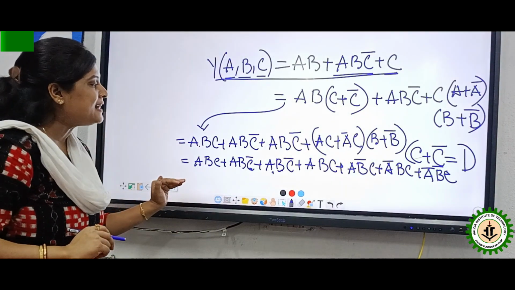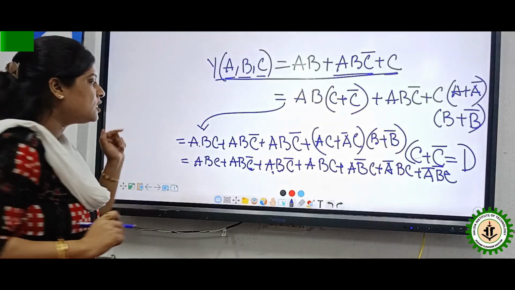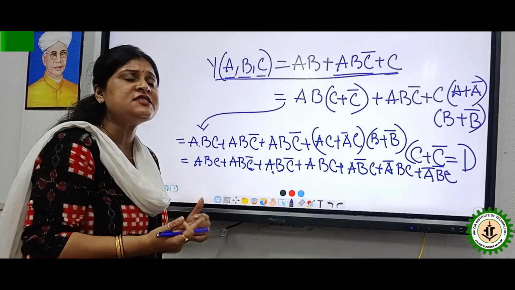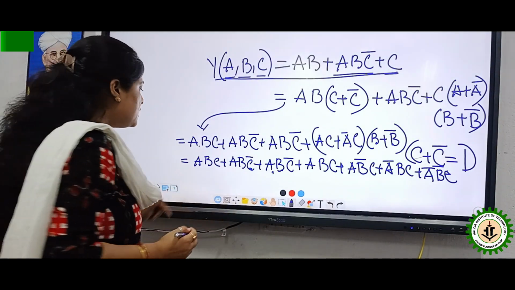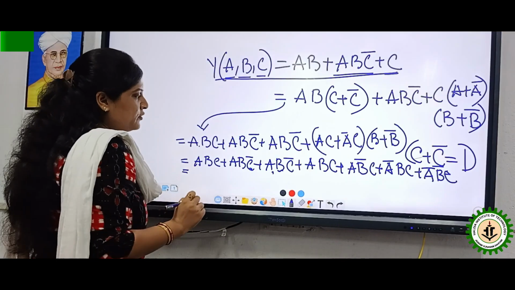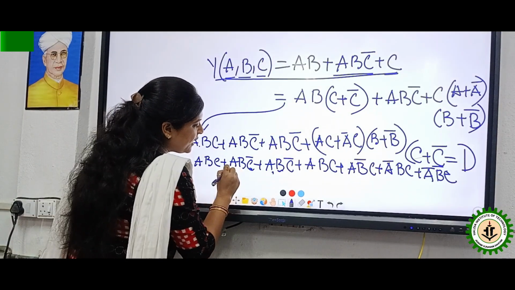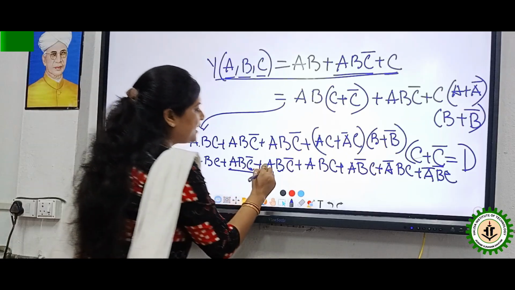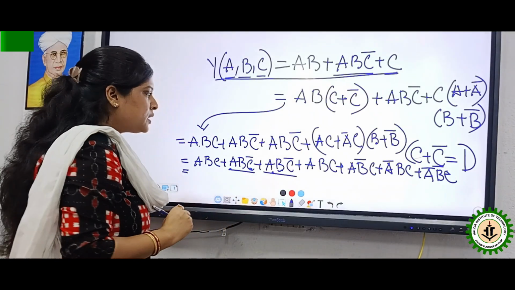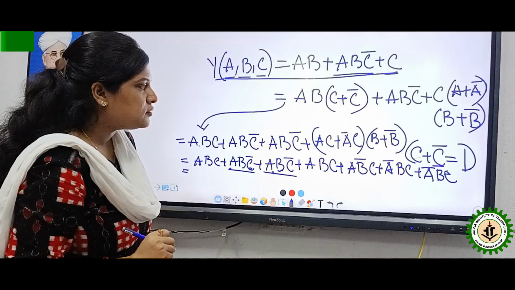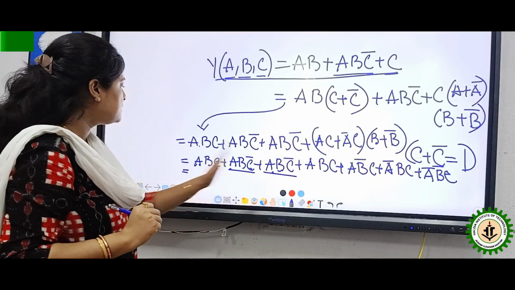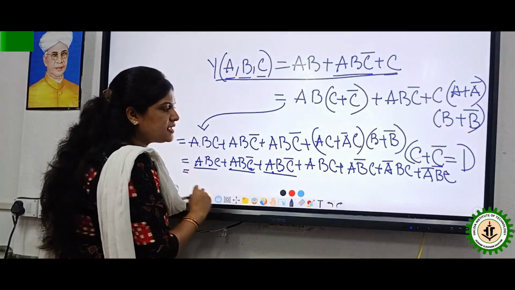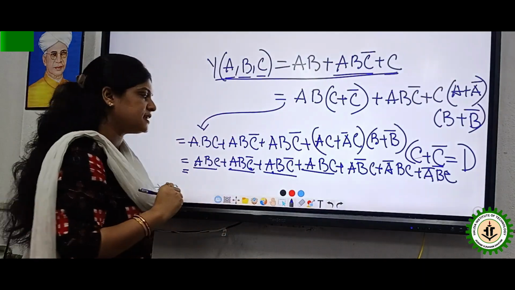Now we will check which term is repeated here. We can see that ABC complement is there, again ABC complement is there. Without this, ABC is there and ABC is there.